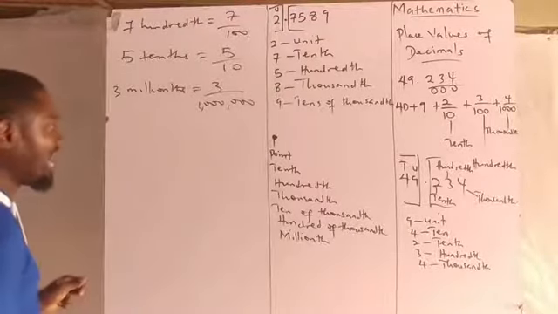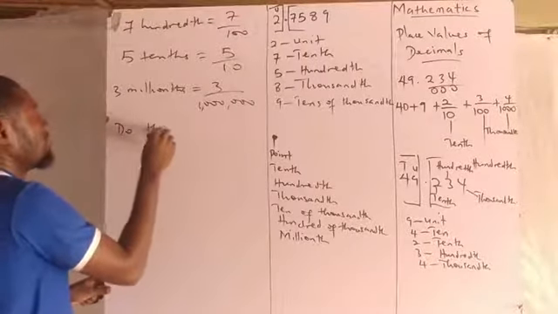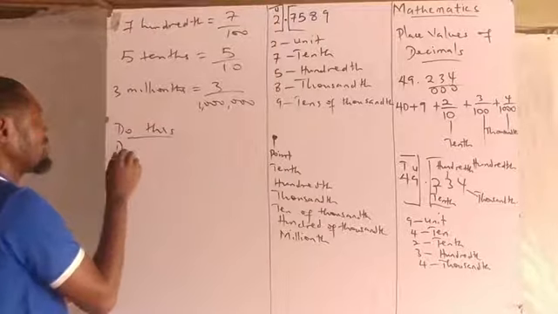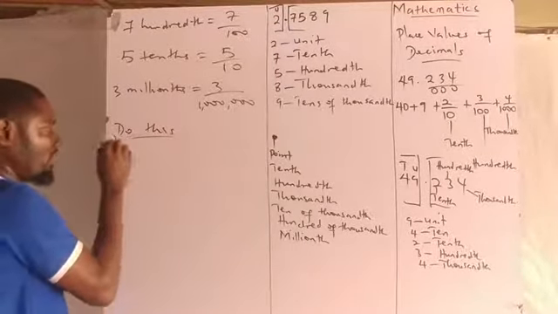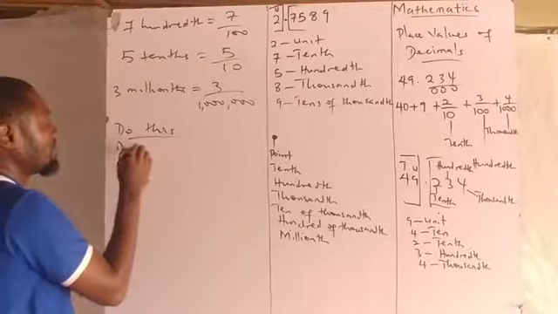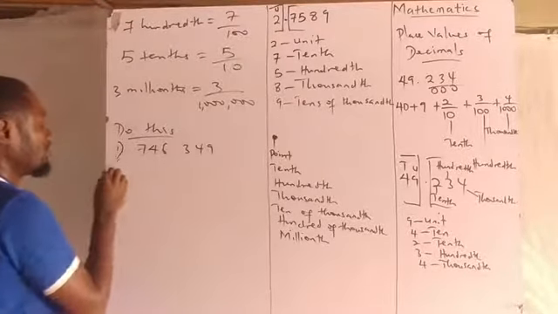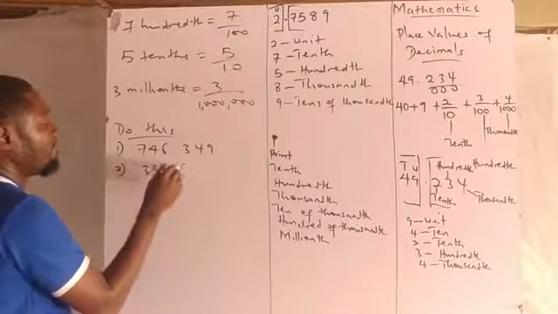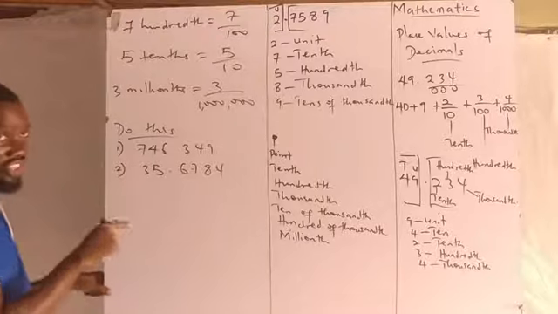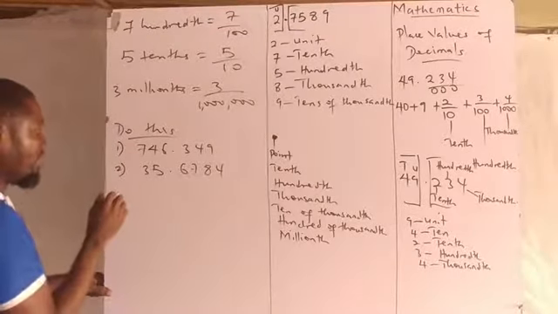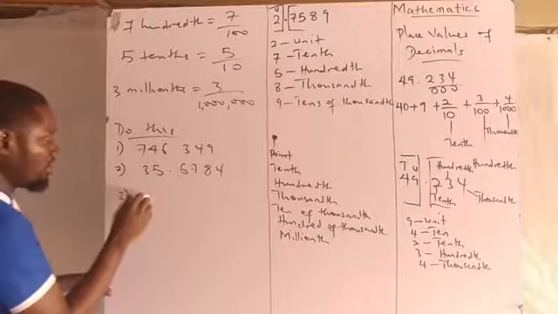So what you do for me now is to write out the place values. For number 1, write the place value of each digit. For number 2, write the place value of each digit. Then for number 3, write the place value of the second digit alone.